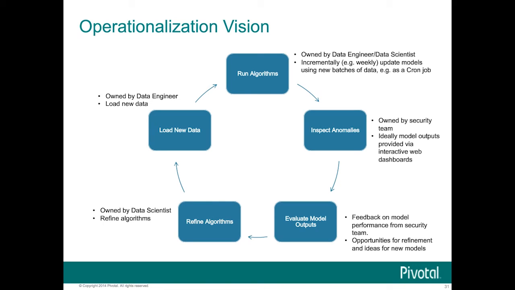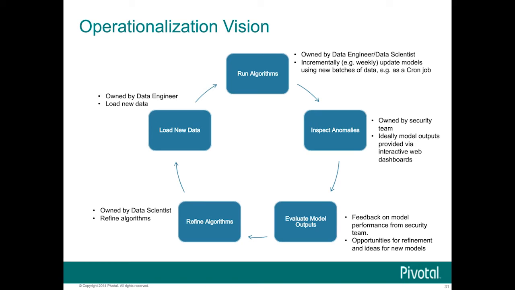The next step is to run algorithms over that data. That is typically first done by a data scientist, where we develop the algorithms, and once we have a cron job, which can be triggered just by clicking a button, that can be owned by a data engineer who runs this model on a weekly or a monthly basis.